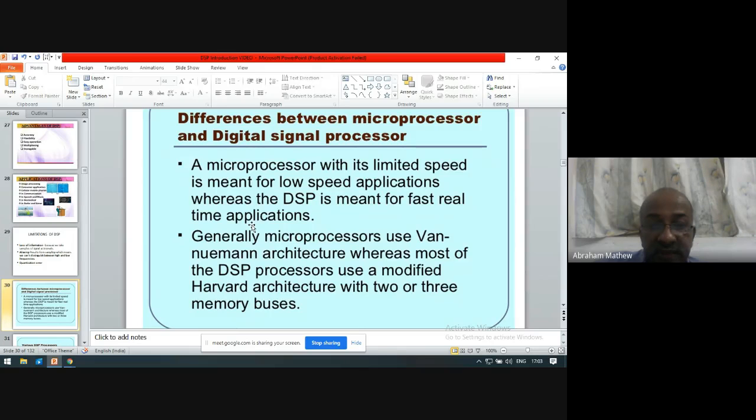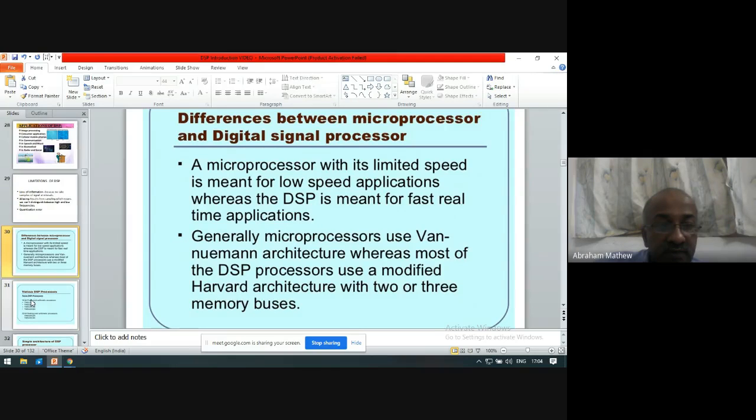And most DSP processors use modified Harvard architecture. In comparison, a microprocessor uses Von Neumann architecture.